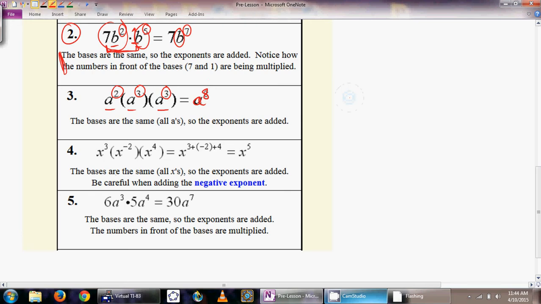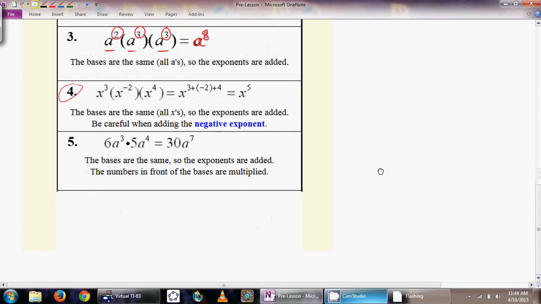Now here, in number 4, it's the same rule. Let's check if we can use our rule. All the bases are x. So when I simplify this, it's going to be x to some power. And the rule is when you have like bases, you simply add the exponents.